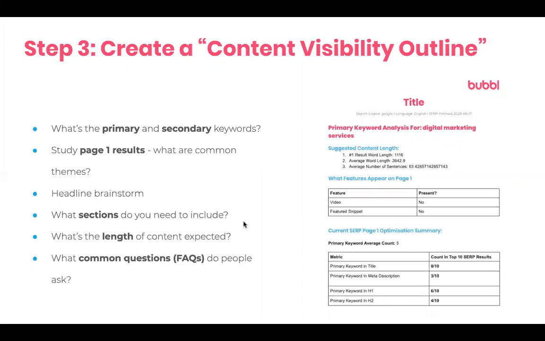So first question you ask yourself, what are the primary and secondary keywords that you're going for? The next thing is study page 1 results. What are common themes that everyone else is talking about? This is something I see quite commonly across clients we work with: sometimes you just need to get out of your own head and stop asking yourself what content should I write around this topic, or how should I position it, or what subtopics are they interested in.